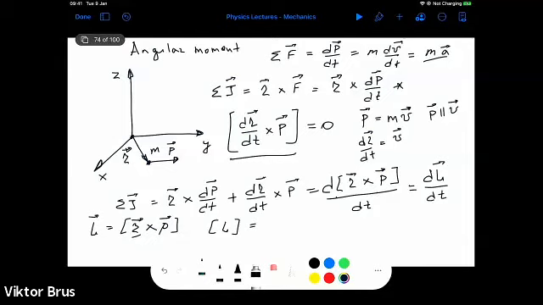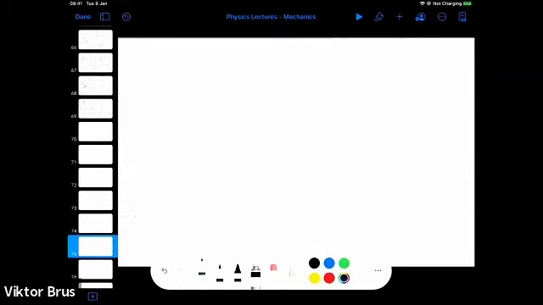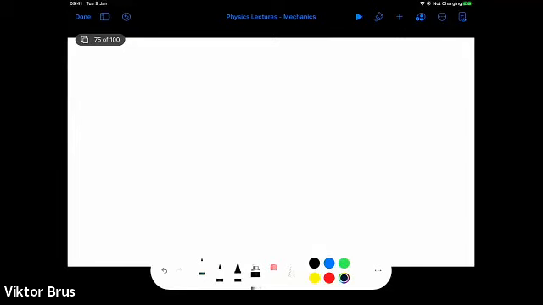But we want to have some more general definition of angular momentum, which is applicable to rigid bodies, because we consider rotation of rigid bodies. So for that, let us consider a rotating disk about axis z. So this will be our disk.